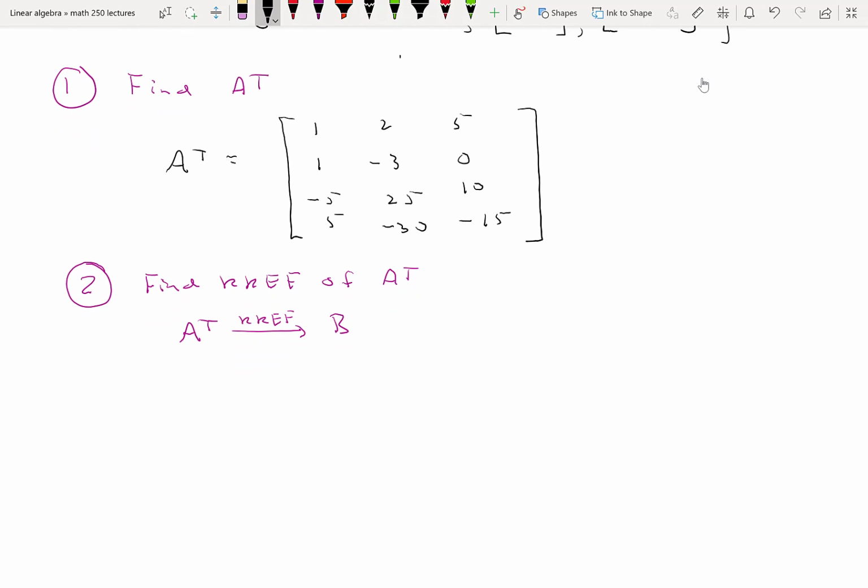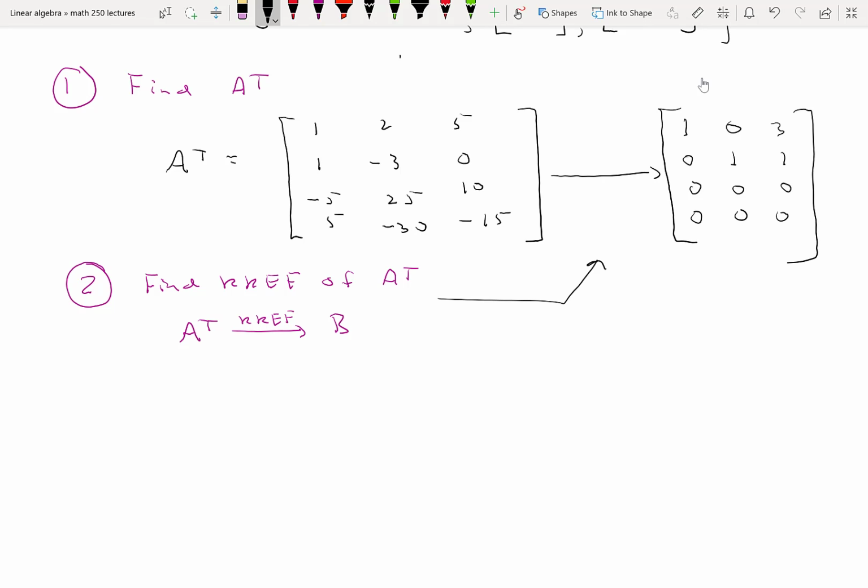I found that the RREF has columns 1, 0, 0, 0, then 0, 1, 0, 0, and 3, 1, 0, and 0.